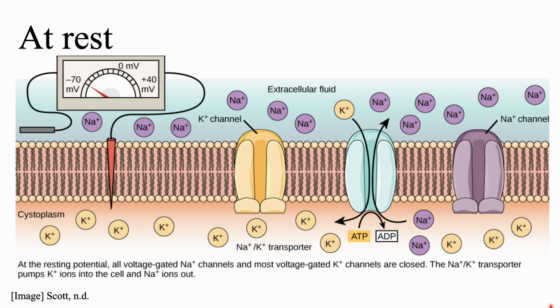Since sodium is at a higher concentration outside of the cell, it will tend to move into the cell. Potassium is more concentrated inside the cell, so it will tend to move outside of the cell. So this makes the inside of the cell slightly negatively charged when compared to the outside. These channels can open if the right message is received from the neighboring neuron.